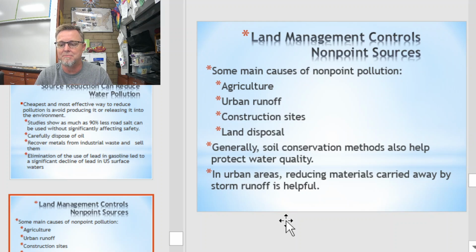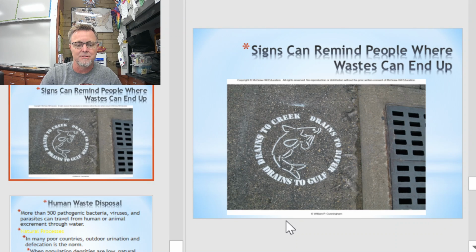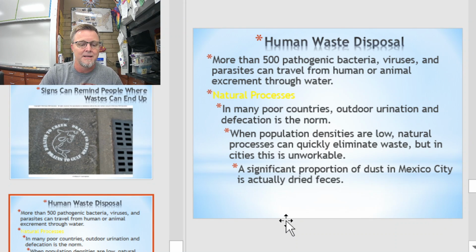Soil conservation methods can also help protect our water quality. Reducing materials carried away by stormwater, by having surface water treatment plants that can catch this stuff, is a great step in eliminating or at least reducing the amount of load that goes into our rivers, lakes, and streams. Okay.